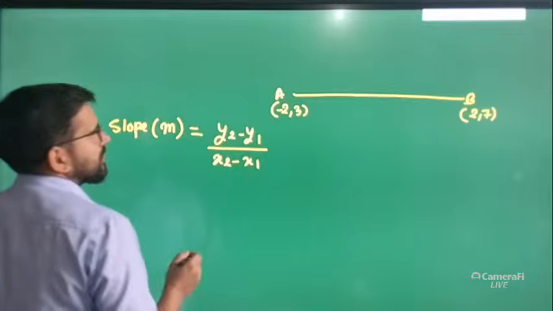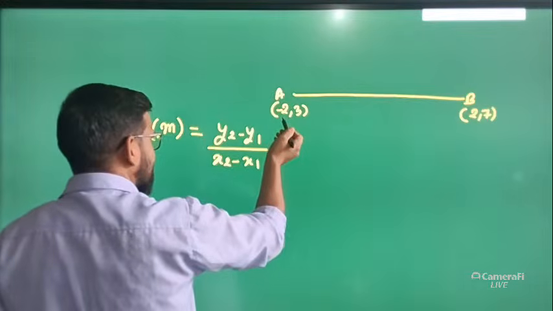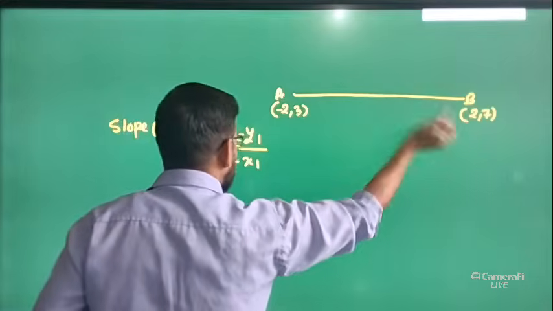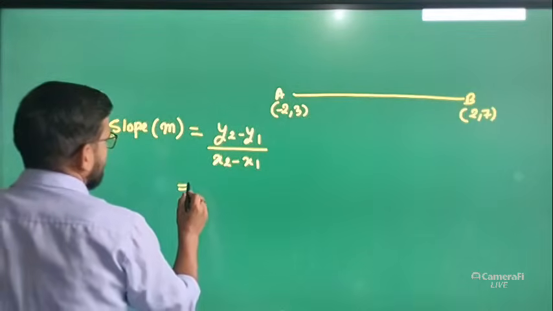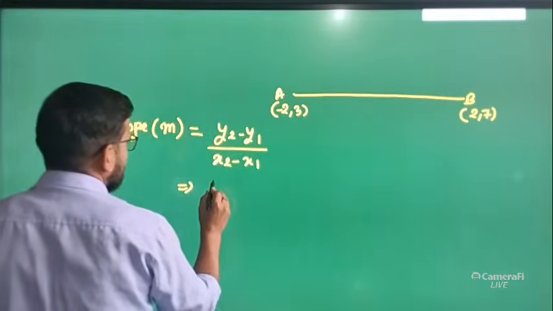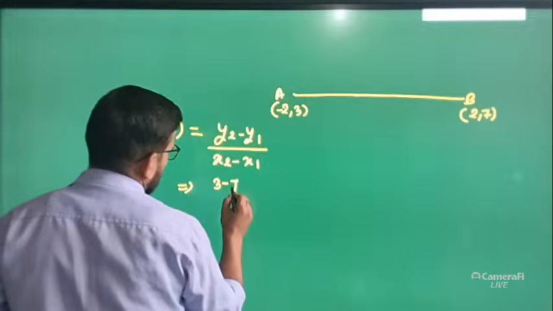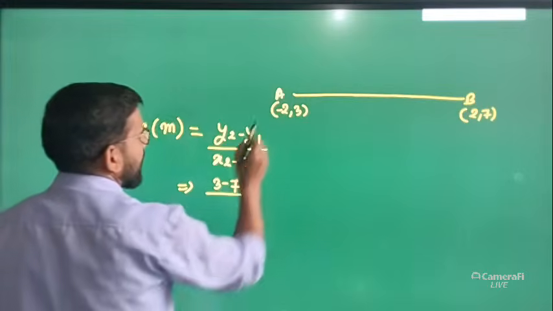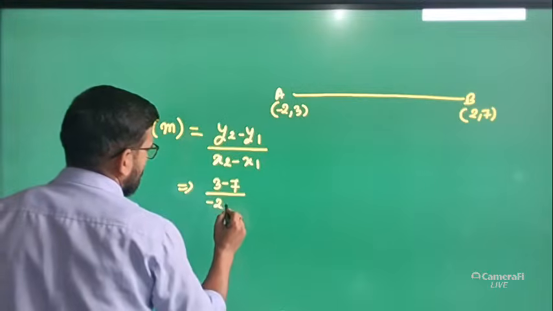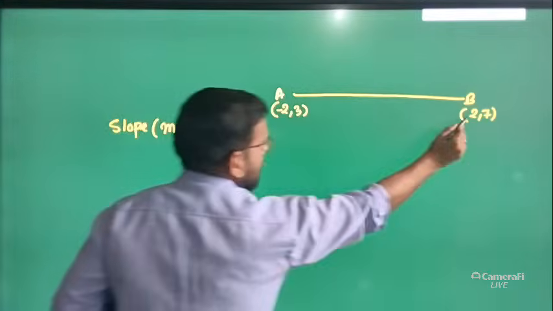So let us take this as y2, x2, y1, x1. What will it become? 3 minus 7 upon -2 minus 2.